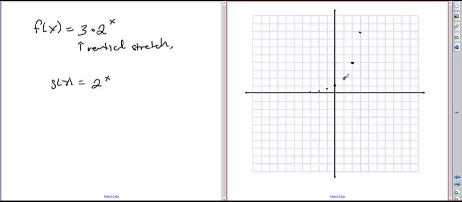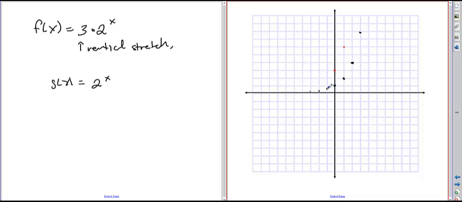This one is 2. 2 times 3 is, did I do that right? No, I did that wrong. I counted 3 extra. This is 1. It should be 3, so it's 1, 2, 3. There we go. Here we have 2, so instead of 2, 2 times 3 is 6, so you go 2, 4, 6. The next one is going to be 3 times 4, which is 12, which is off the screen.